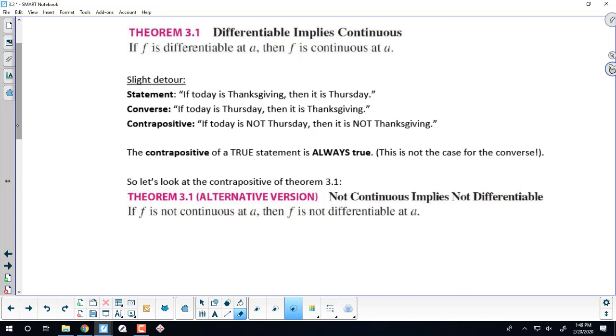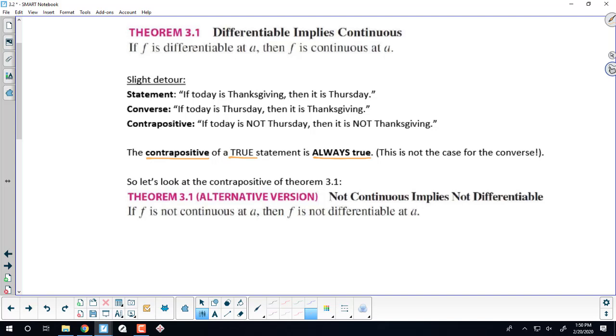What does always yield an equivalent statement, if you are talking about a true statement, is flipping it around and then negating it. So if today is not Thursday, then it's not Thanksgiving. That's also true. So the contrapositive of a true statement is always true. That's not the case for the converse, where you just reverse the order of the if-then.